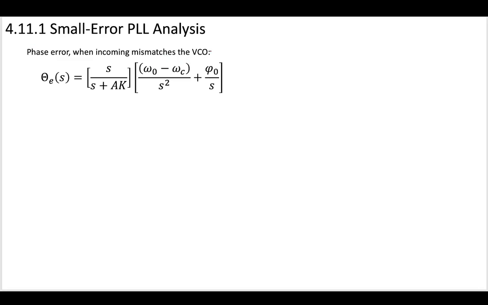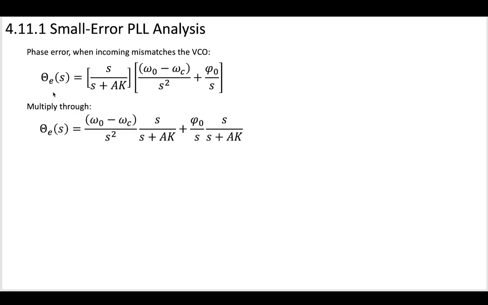So the mismatch comes from the fact that we had some input phase that was mismatched. It had some different frequency from the VCO, and it also had some different phase from the VCO. So when we're trying to figure out what the error is going to be in the S domain, and once we've found the error in the S domain, we can convert it to the error in the time domain.